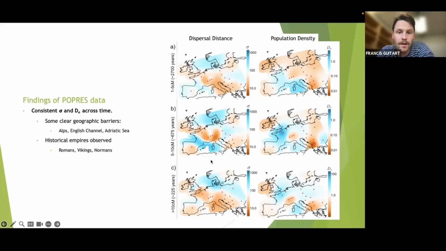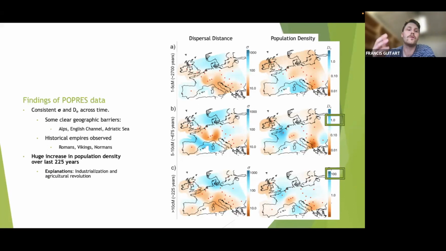And then the last finding they observed was this huge increase in population size in the last 225 years. They didn't explain the units, but I believe it's individuals per square kilometer, if I'm not mistaken. And in the last 225 years, there's almost a 100-fold increase, which we can see with the difference in these two scales.